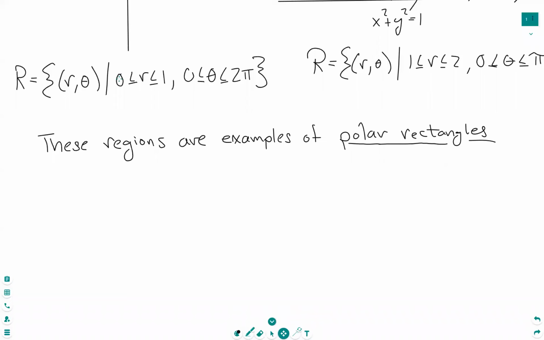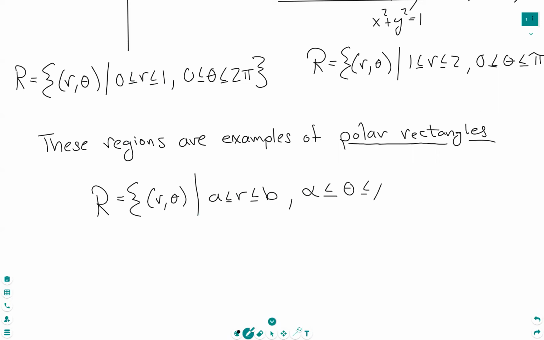The bounds on r and theta are both constants. That's exactly how we defined a rectangle in Cartesian coordinates, right? Where both x and y were bounded by constants, right? So we say that a polar rectangle takes the form of all points r and theta such that the radius is bounded by a and b, some constants, and theta is bounded by some constants as well, alpha and beta.